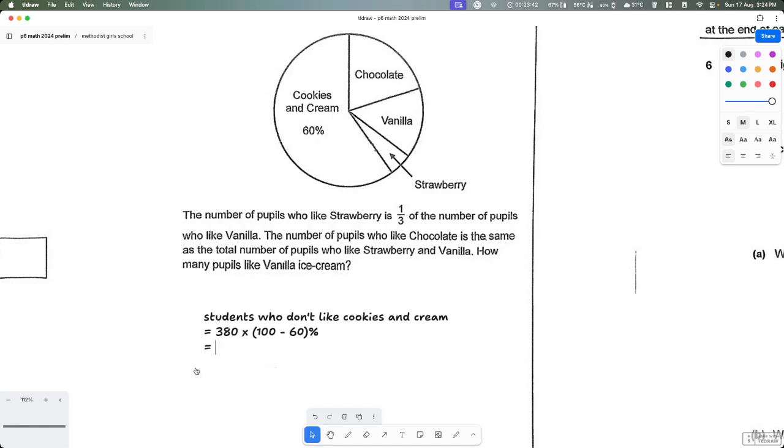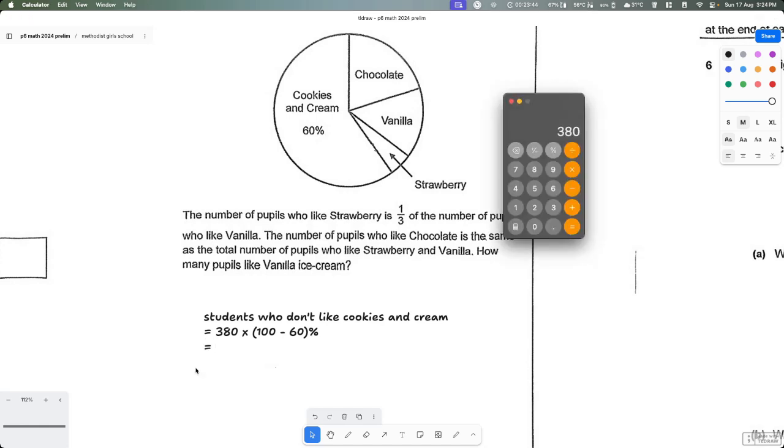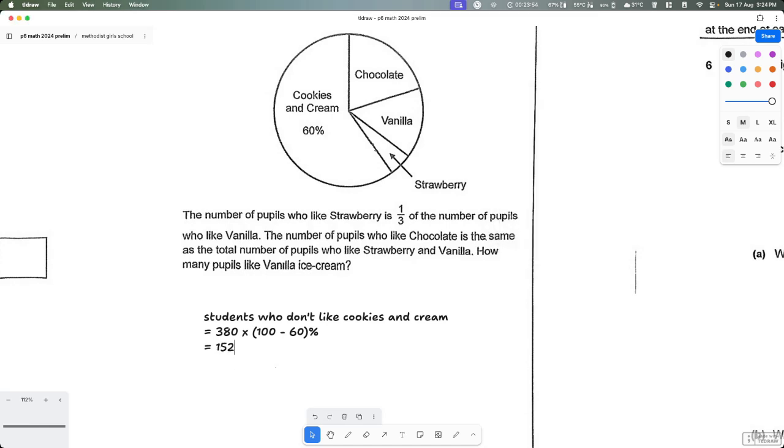Okay, so let's do the calculation. 380 times 40 percent. This will then become 152.